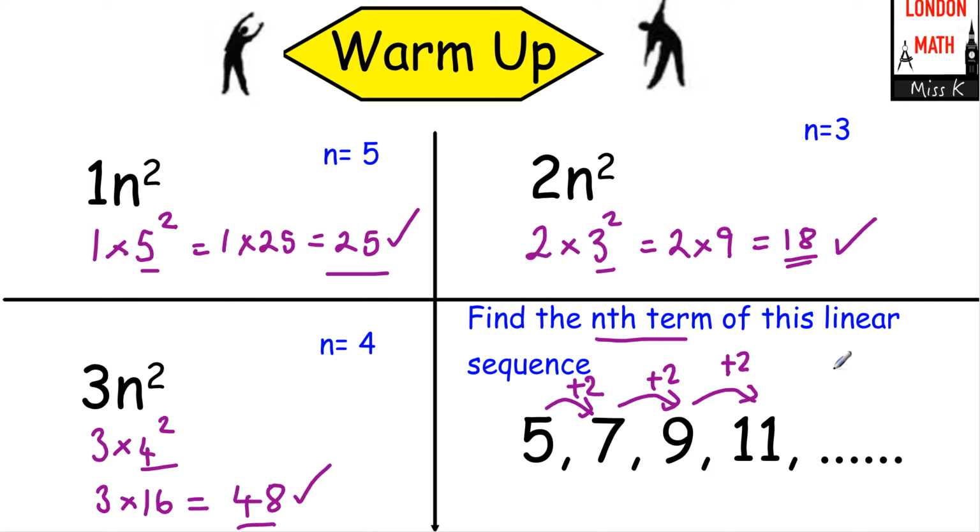As it goes up in 2's, the nth term, which is a formula to generate any term in the sequence through substituting the position in, as it goes up in 2, that implies there's a 2 in front of the n. Now there might be a number over here, either with plus or minus.